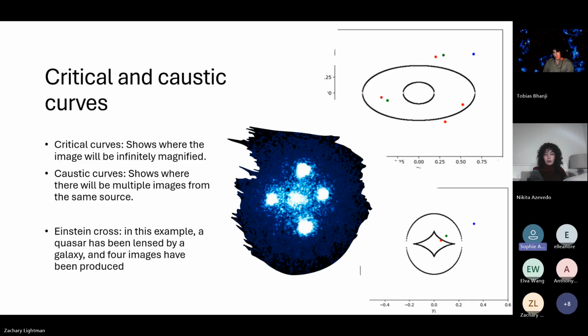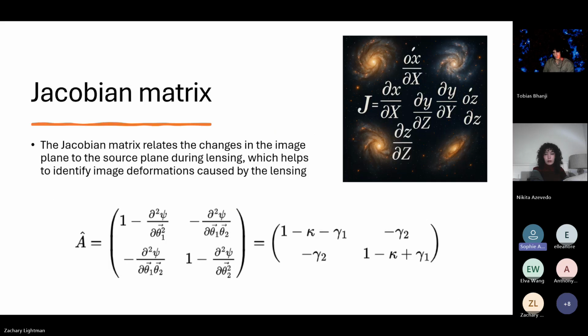That's where the quasar is, the lensed image. Okay, so the Jacobian matrix, this is relatively difficult. So it just relates the changes in the image plane to the source plane during lensing.